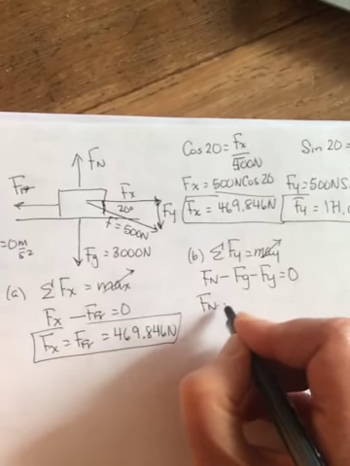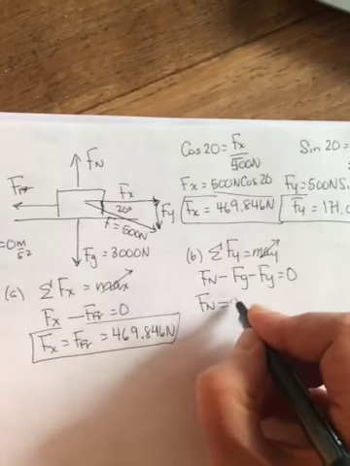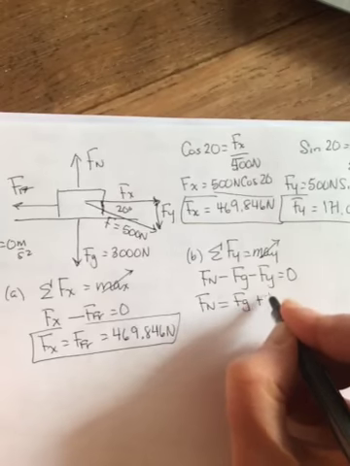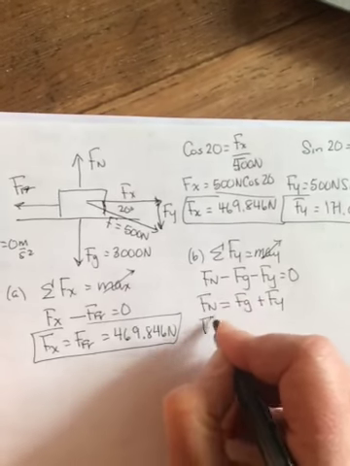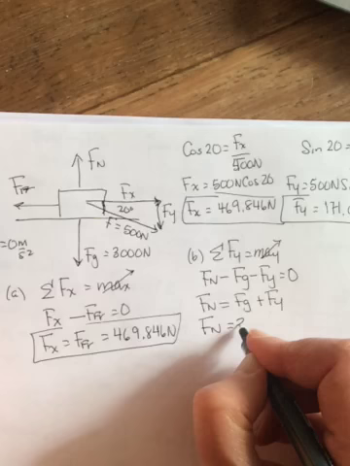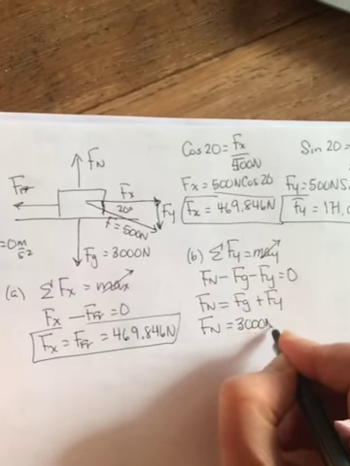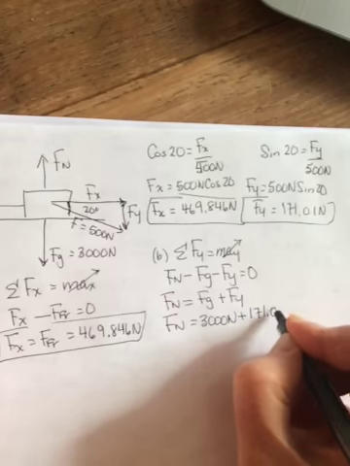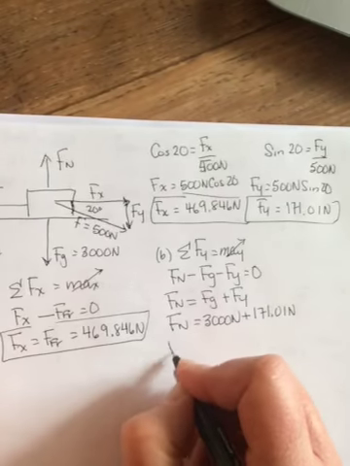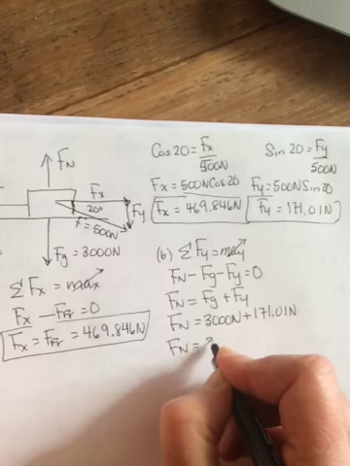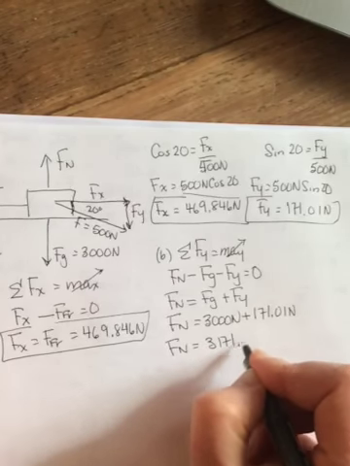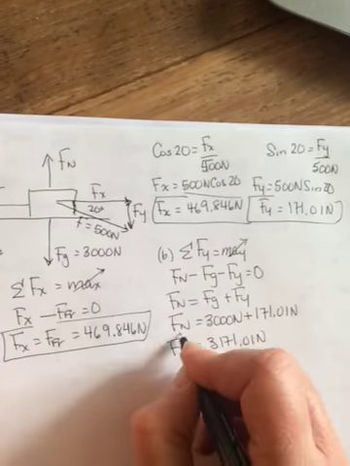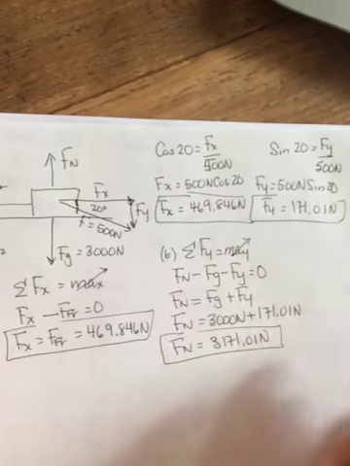Always solving for Fn, so take the other two over, and it becomes Fg plus Fy. They gave us in the question Fg, it was 3,000 newtons. We found Fy above, 171.01 newtons. Add these together and get 3,171.01 newtons, the answer to part B.